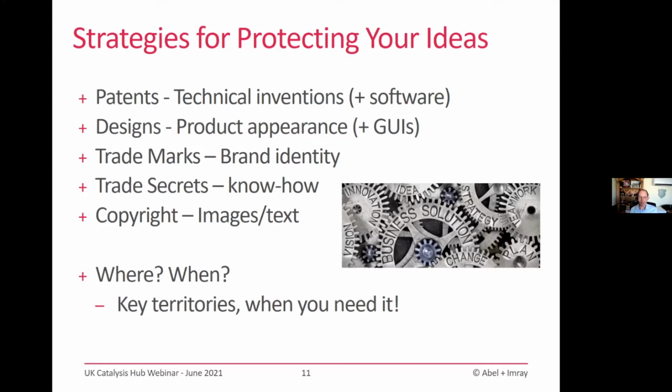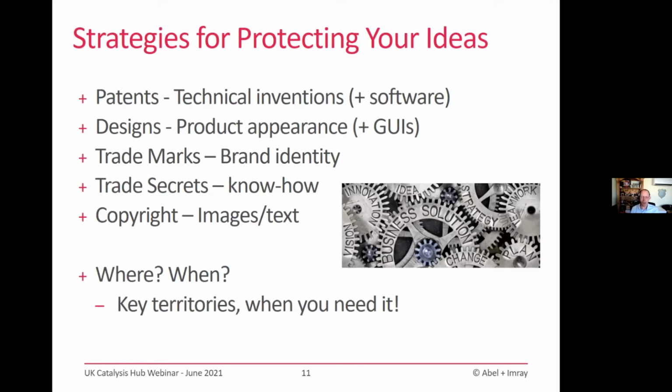Top of the list we've got patents, that's what we do. So that's technical inventions, solving problems with some sort of technical means. I've put software in brackets afterwards. If you have looked at patent protection or read things around, you might see quite often that people say that in the UK and Europe, software itself is not protectable by a patent.